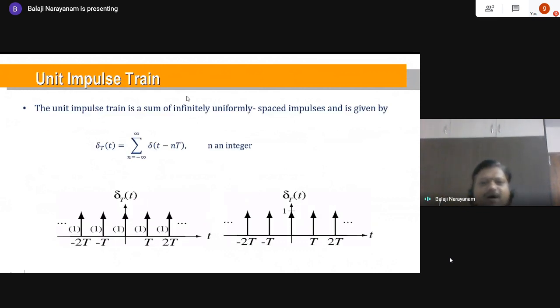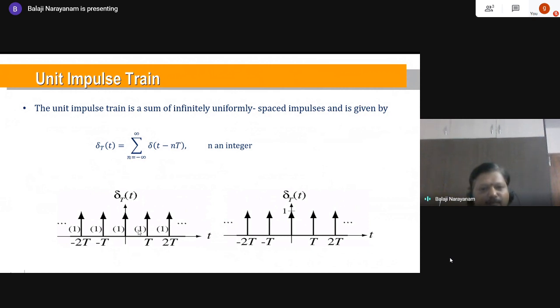Often we find the use of a number of unit impulse functions, which is termed a unit impulse train. The unit impulse train is a sum of infinitely many uniformly spaced impulses.